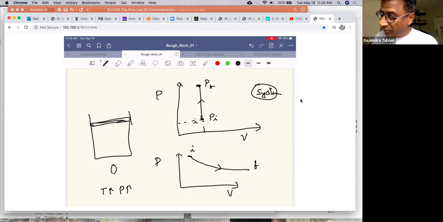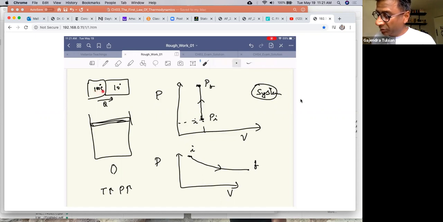Let's say this is 100 degrees Celsius and it is in contact with something that is at 10 degrees Celsius. And you know that heat will flow from the hot object to the cold object. So that's a natural process. And when heat is flowing from this object to that object, you cannot stop at any intermediate point, like I said.